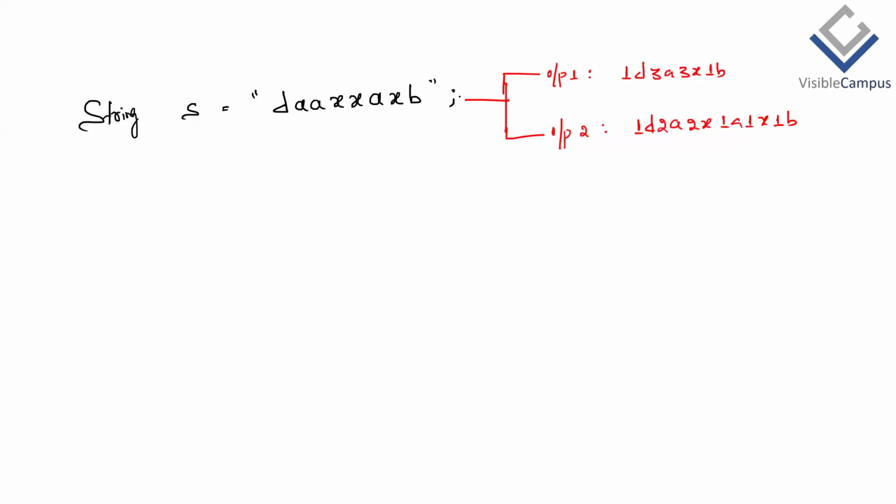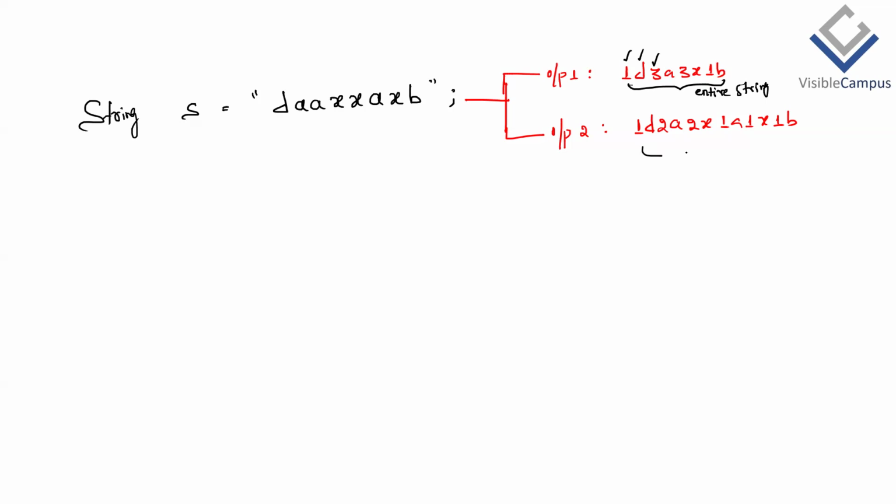So for this, in the first one, the entire string is the consideration. It means in this entire string, how many D's are there? 1 D. In this entire string, how many A's are there? 3 A's are there, then followed by 3 X's, then 1 B. That's the first one.